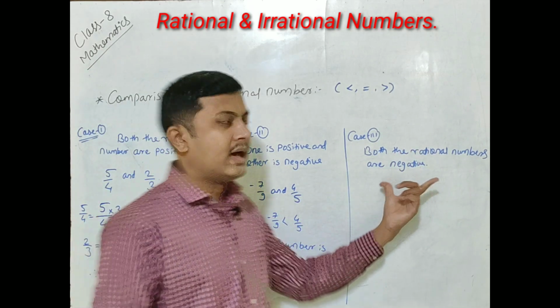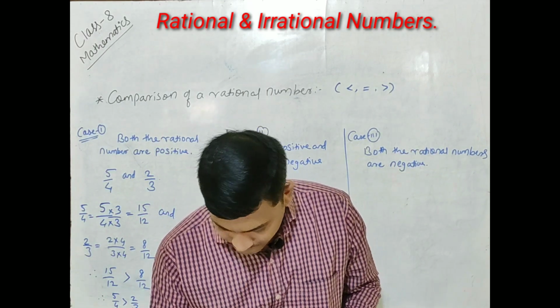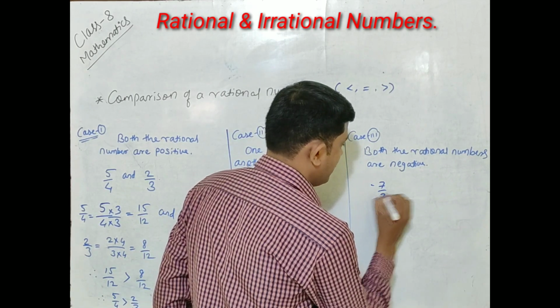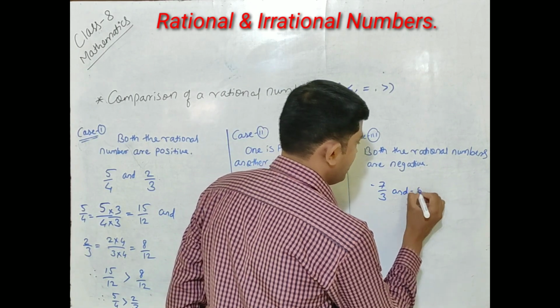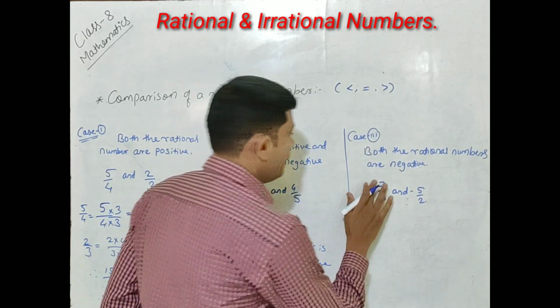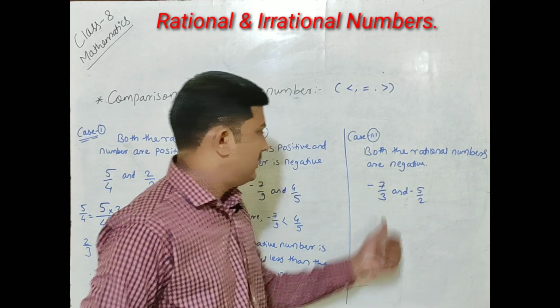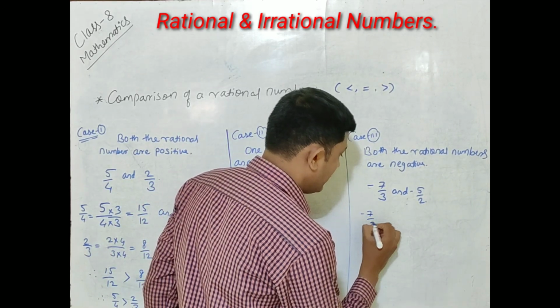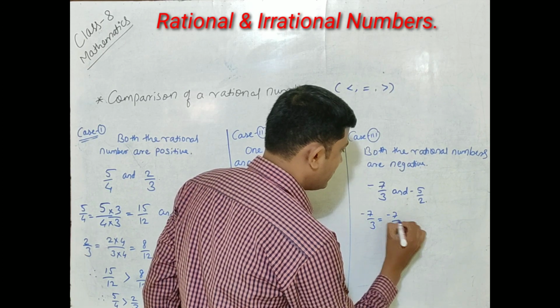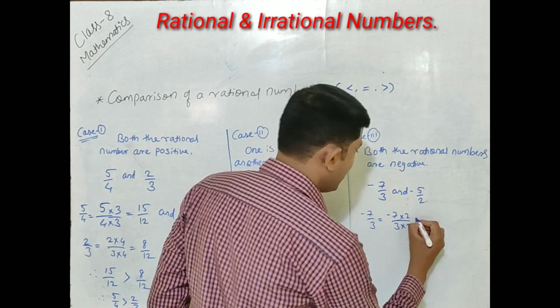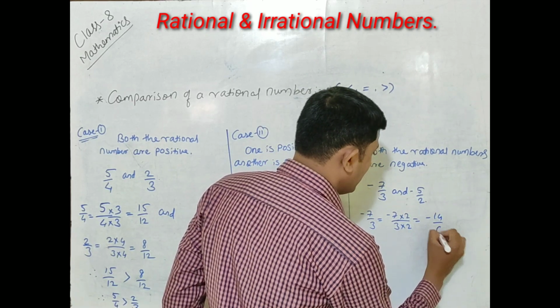And next is what? When both the rational numbers are negative, then see, first of all, same method, the denominators should be equal. That is, minus 7 upon 3 can be given as minus 7 upon 3 into 2, the denominator also multiplied by 2, that is minus 14 upon 6.